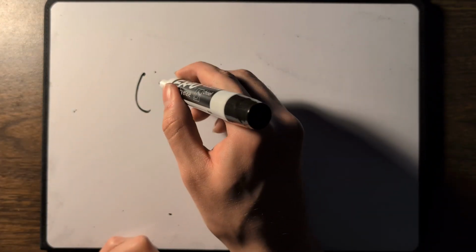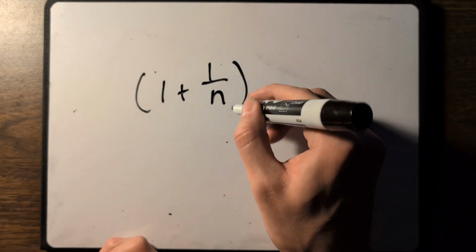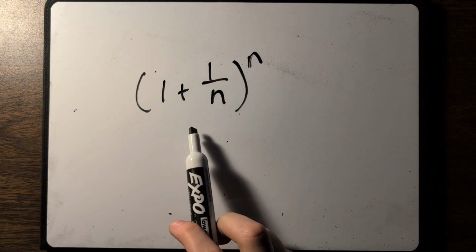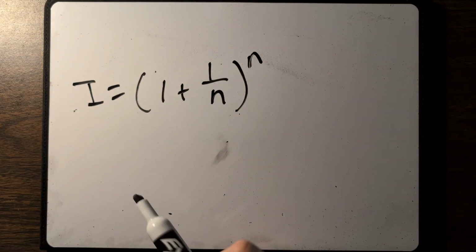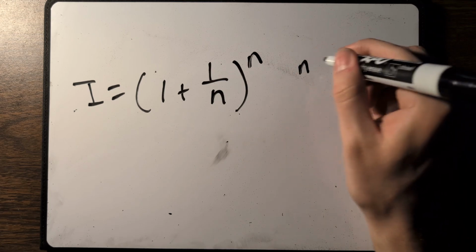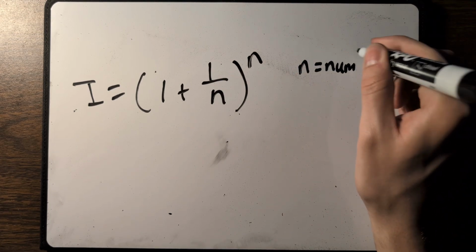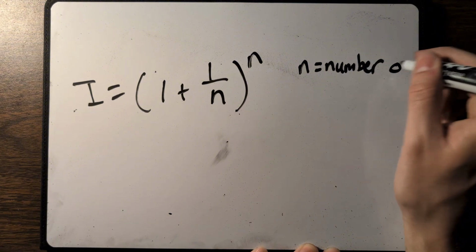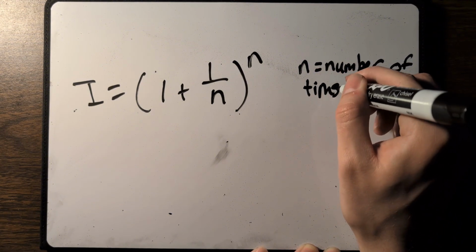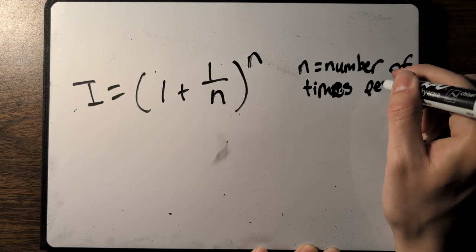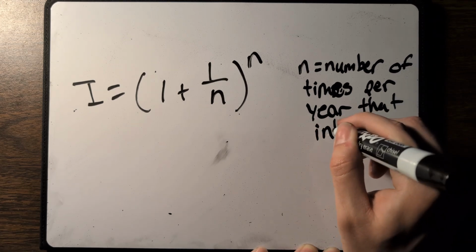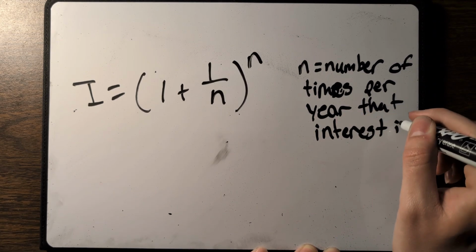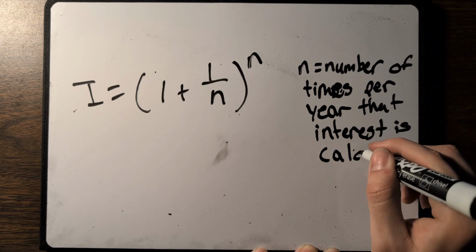Now, why is this? Well, let's look at our formula. This is what is calculating our interest. I'll call it I. This n is the number of times per year that interest is calculated.